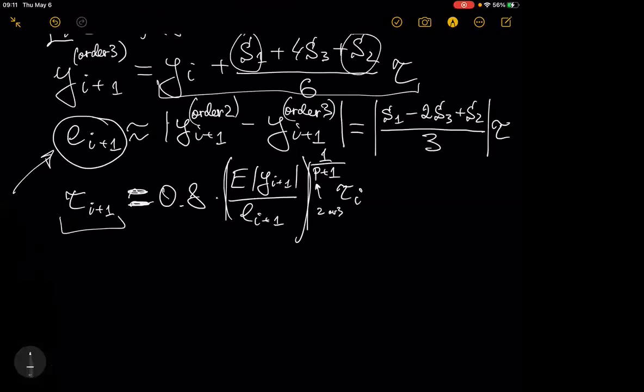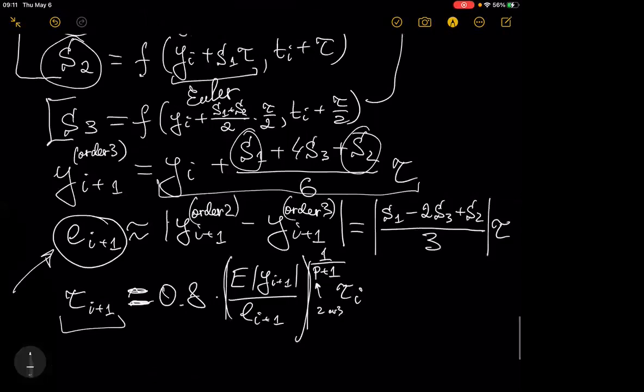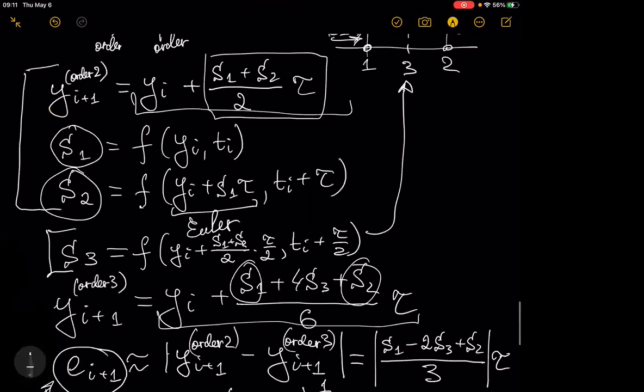But what is also good is that you have a solution of order 2 with the method of order 2 and a solution with the method of order 3. Of course, on every step as the final solution you use the order 3 one, not the order 2. So a little bit more accurate, right?